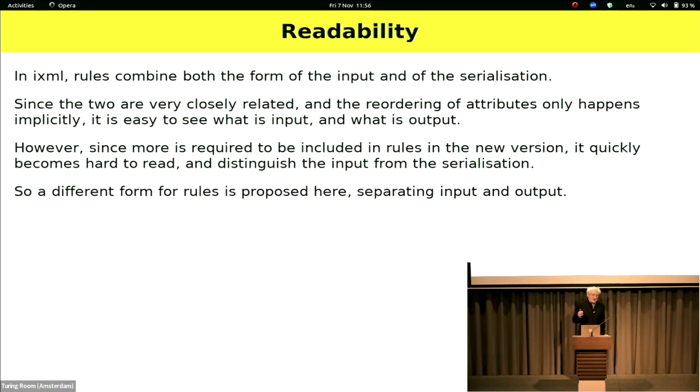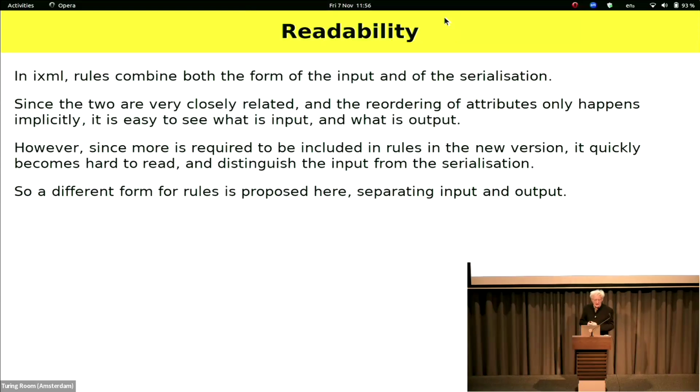Now, in ixml, rules combine both the form of the input and of the serialization all in one place. And because the two are very closely related and the reordering of attributes only happens implicitly, it's actually very easy to see what's input and what's output.